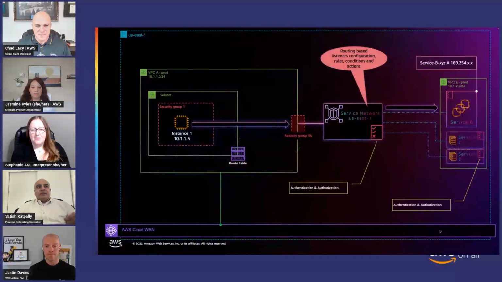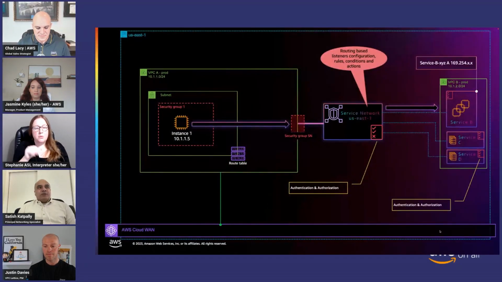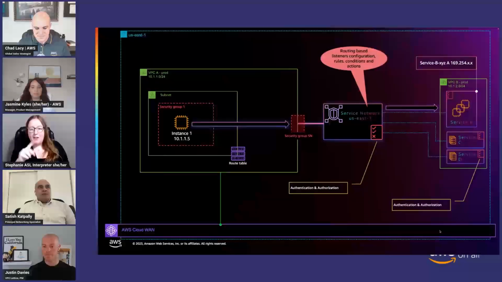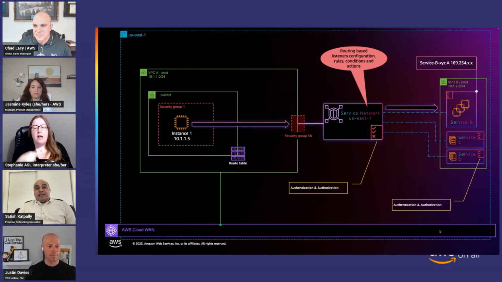So think of it this way: I'm in US East 1, in VPC A, a production environment with a subnet and a security group, and an instance running an application. I'm using a Lattice service network that connects my VPC A on the left to VPC B on the right. Here, you could have overlapping IP addresses across your subnets because Lattice is routing at layer 7.